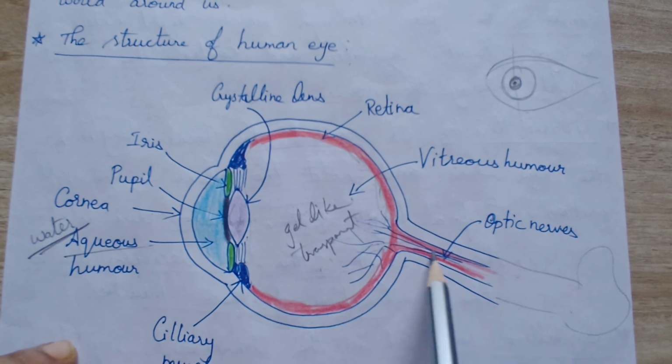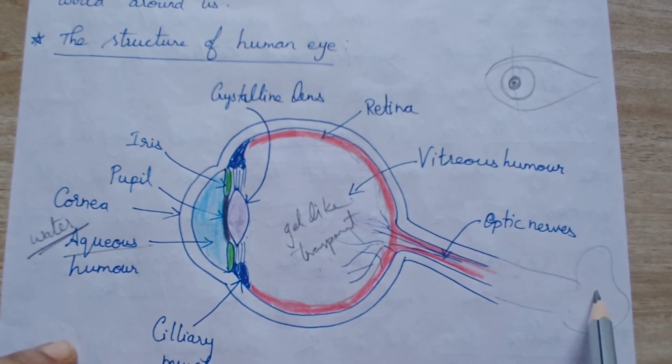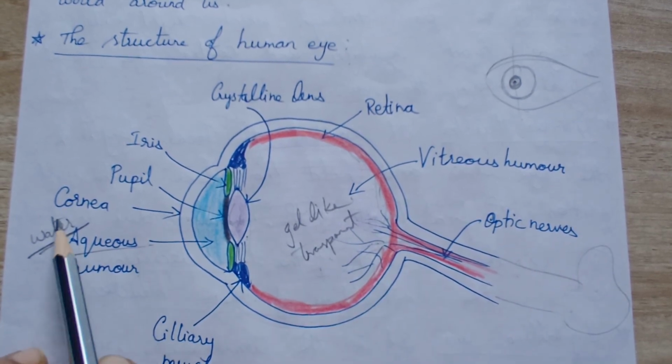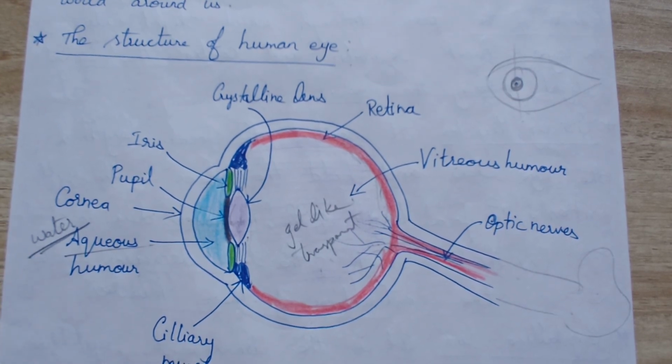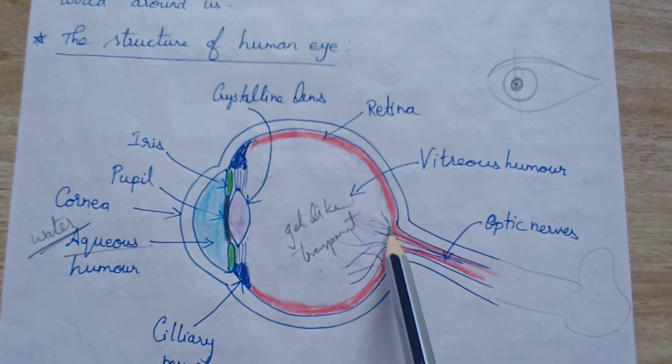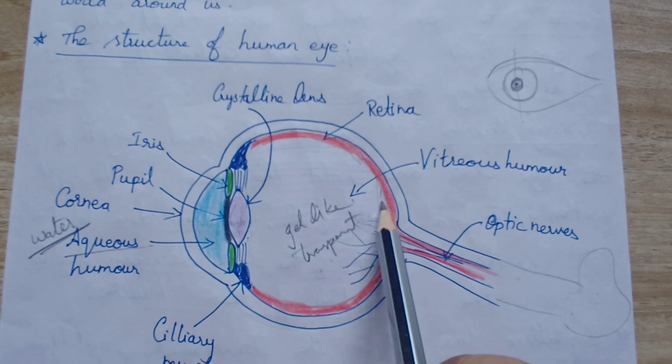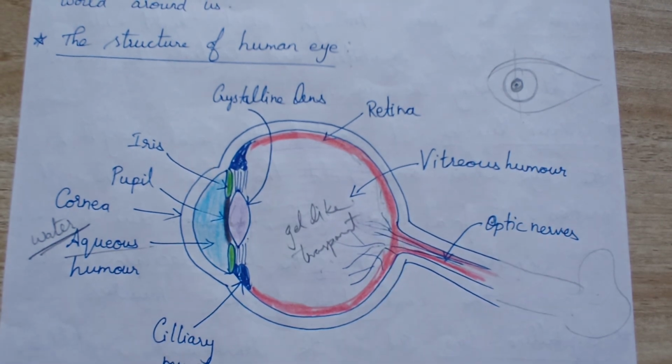The brain interprets the image and you will get the erect image. So this retina works as a screen. You will get the real and inverted image on the retina. Okay, thank you.